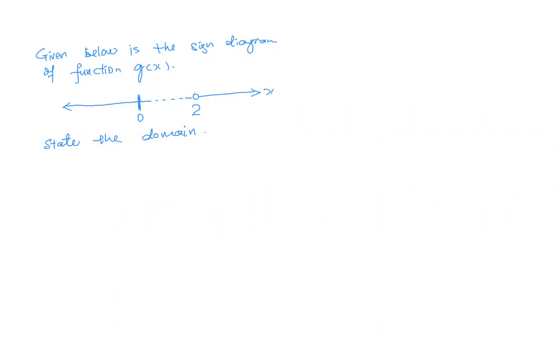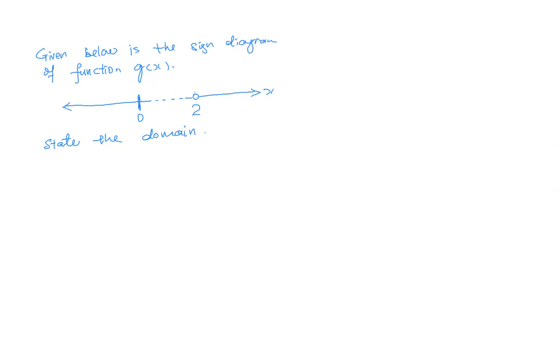Okay, how are you going to state the domain? Muklis, tell me, what is the domain? 0 to 2. Huh? 0 to 2, Muklis, how can it be?